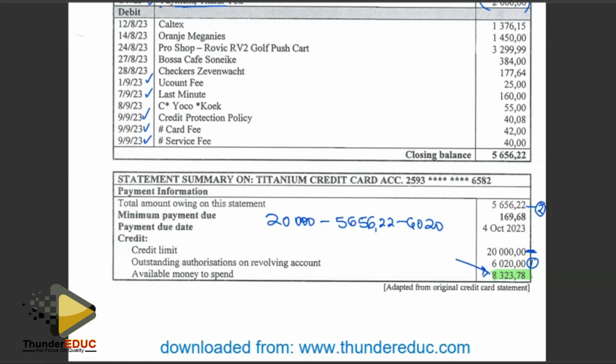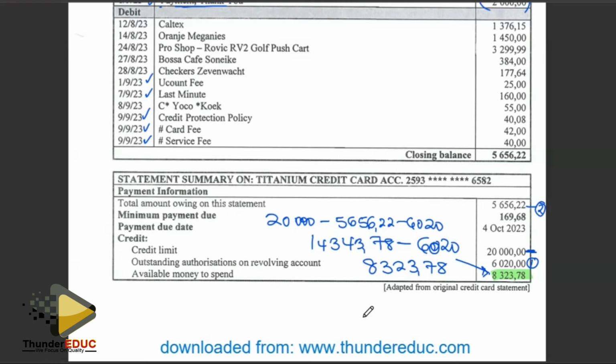20,000 minus 5,656, sorry, 5,656 remain with 14,343, and then you subtract the 6,000. That's how we get the value they were talking about.